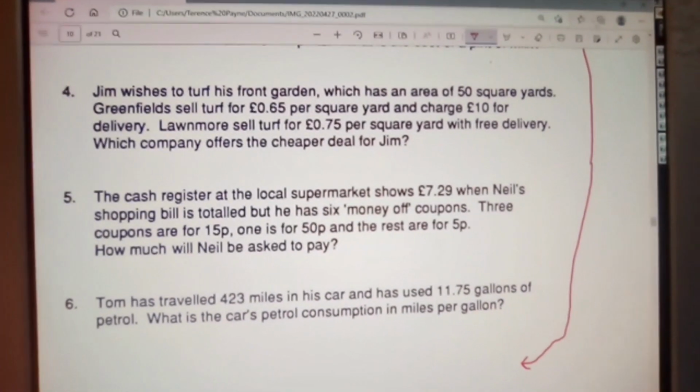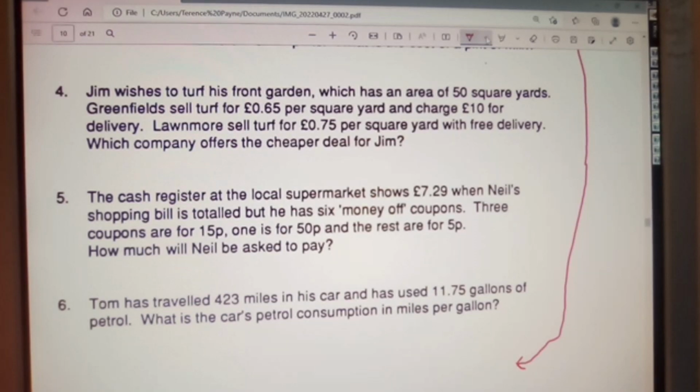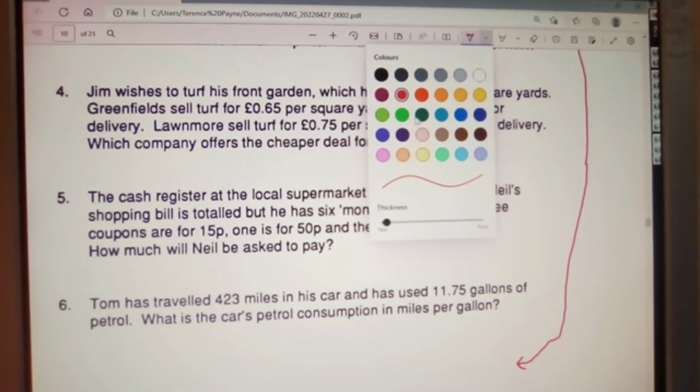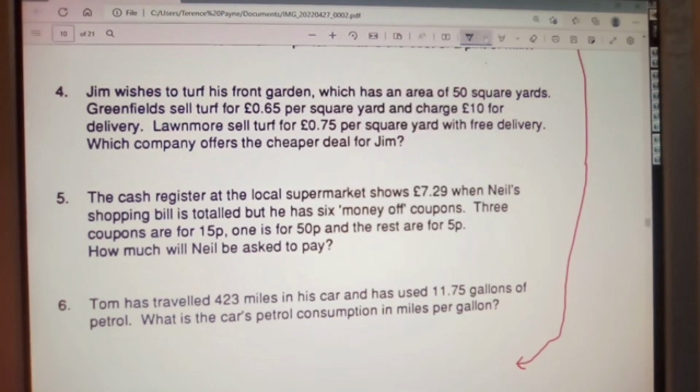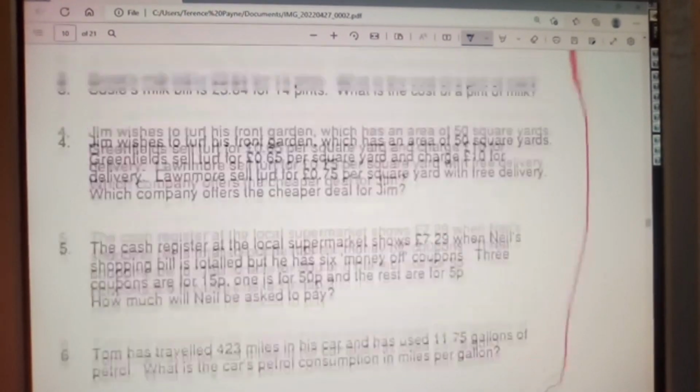So let's go back up and change my color. I'm going to go with dark green. And let's get the extra information.